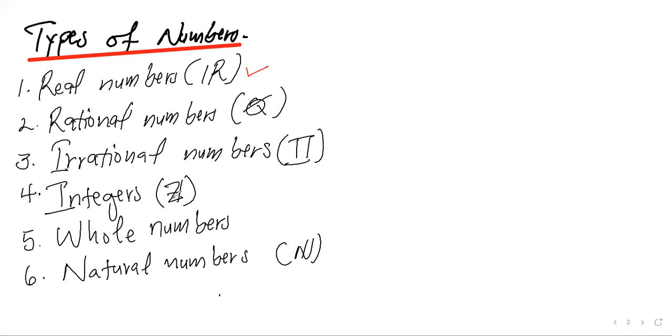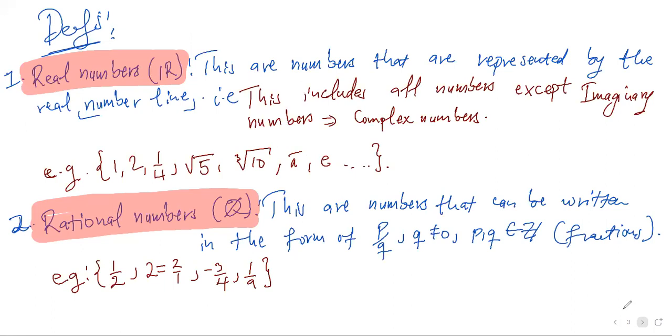And then integers are simply whole numbers, their negatives and the positives, including 0. And whole numbers, we know what whole numbers are. These are simply counting numbers and 0. And natural numbers are counting numbers.